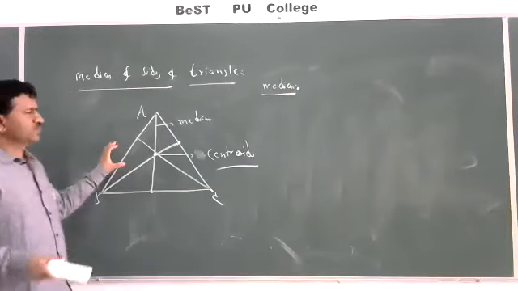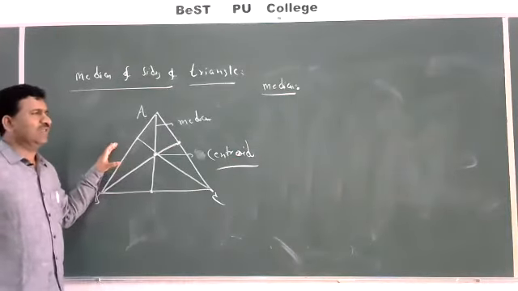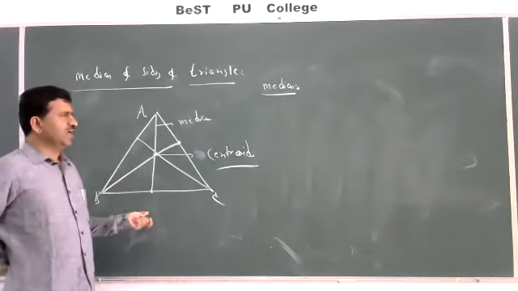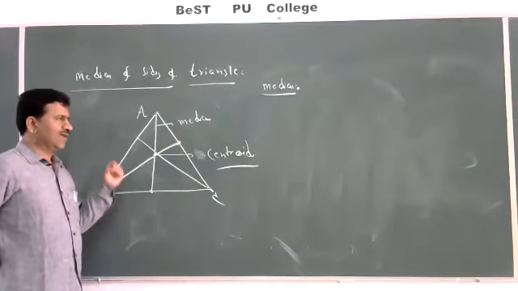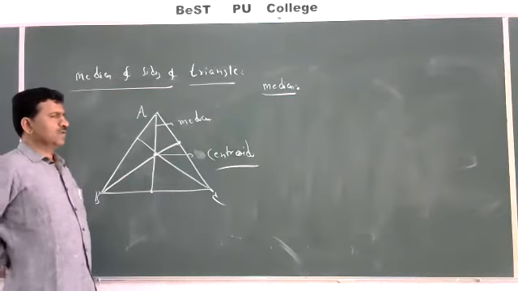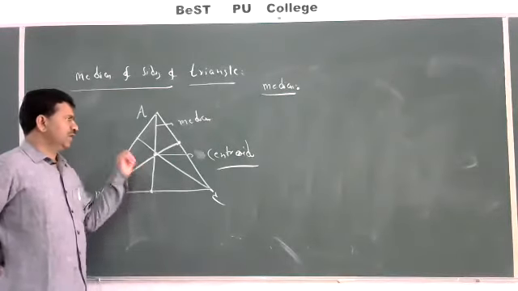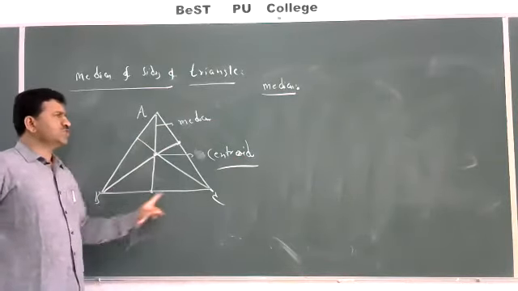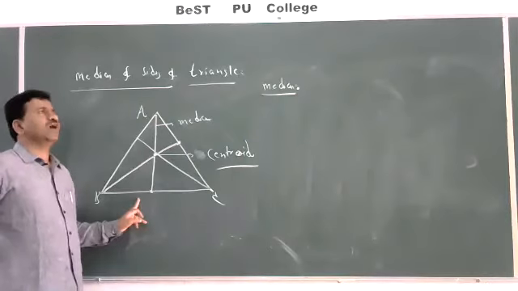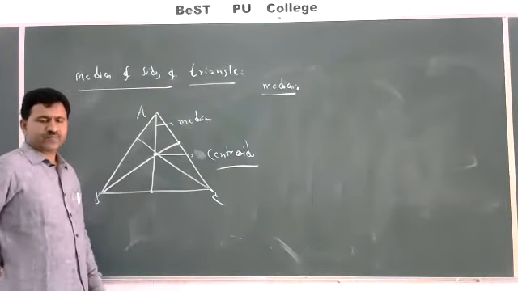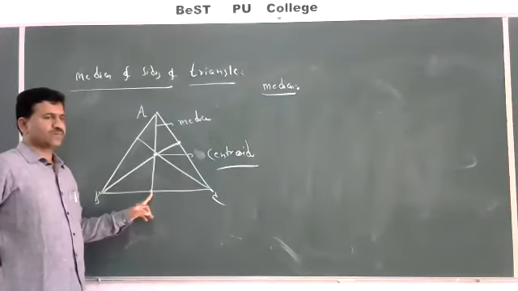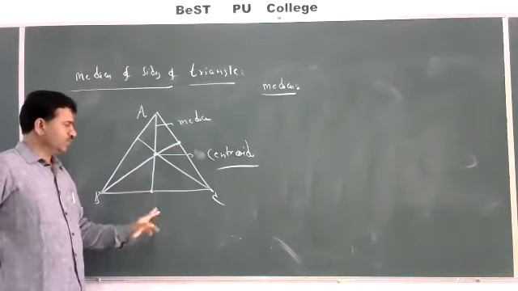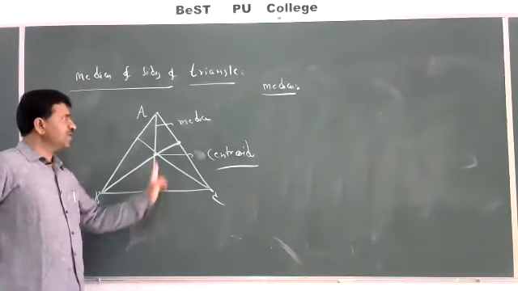In a triangle, the line segment joining the midpoint of one side to its opposite vertex.